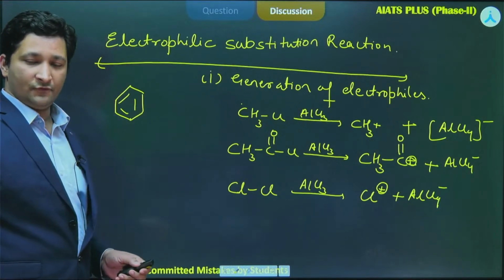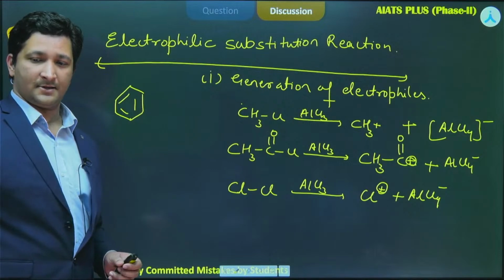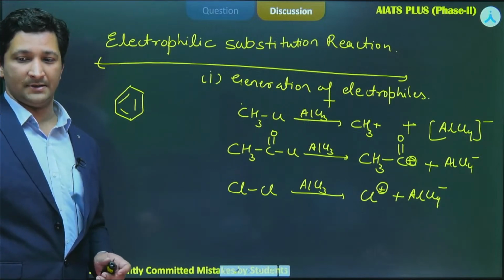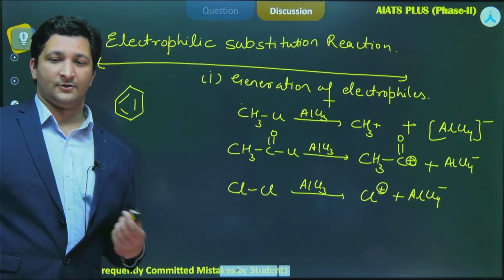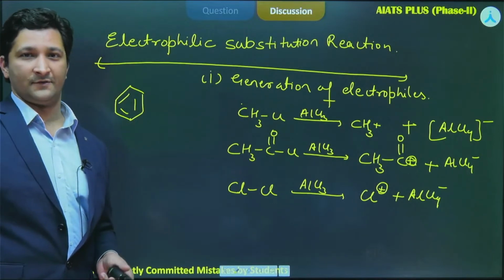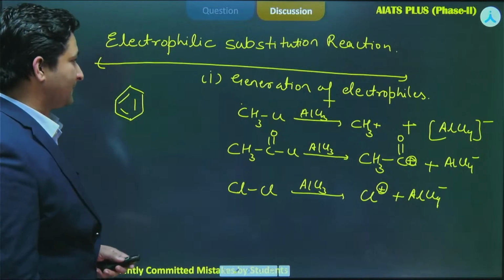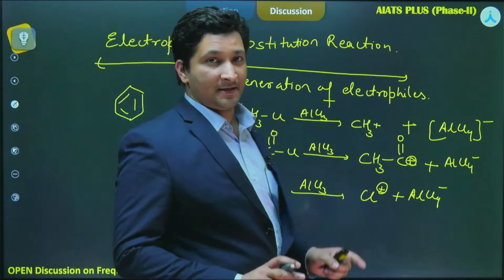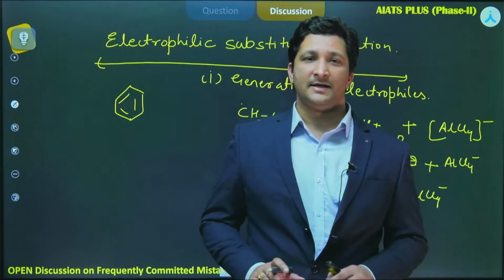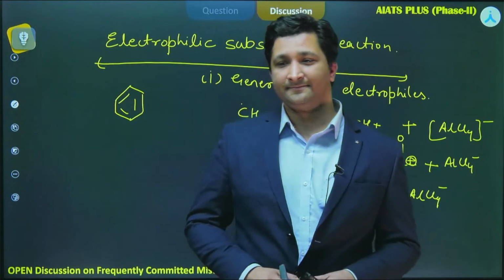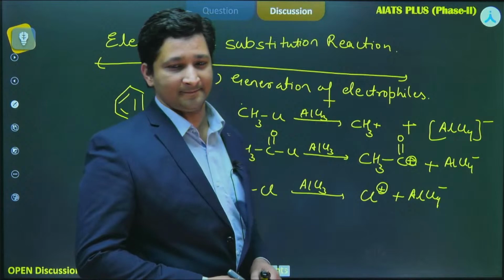Sir, please tell me a few chapters of chemistry, then I will get 100 marks in chemistry NEET, please. You can get 100 marks in chemistry boards, but you have to get 180 marks in chemistry NEET. Okay? And in order to get full marks in chemistry NEET, all the chapters are equally important. Okay, Rohan?